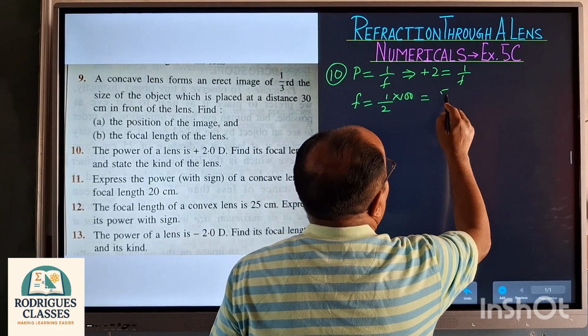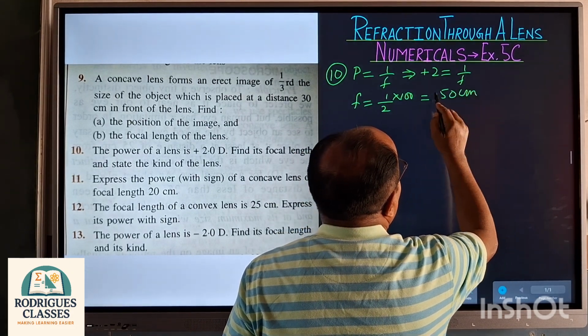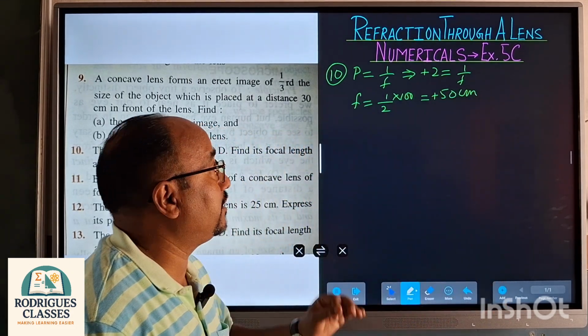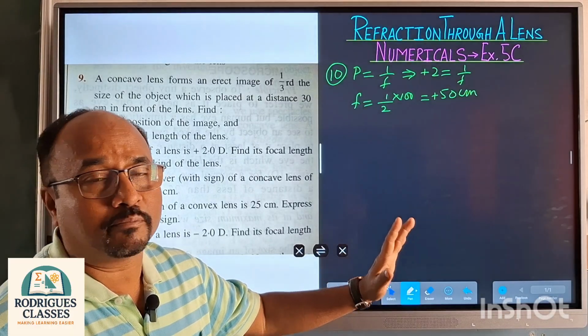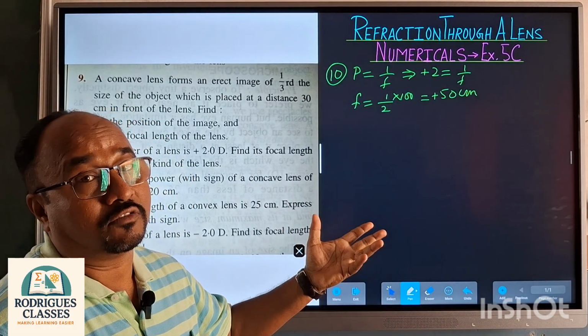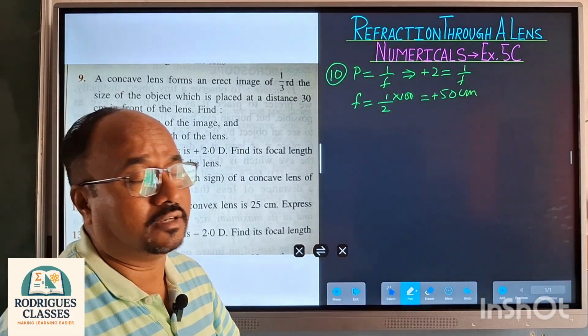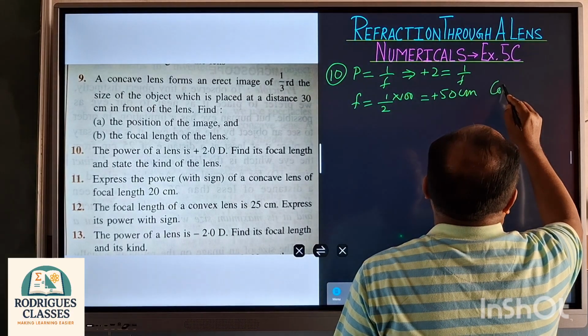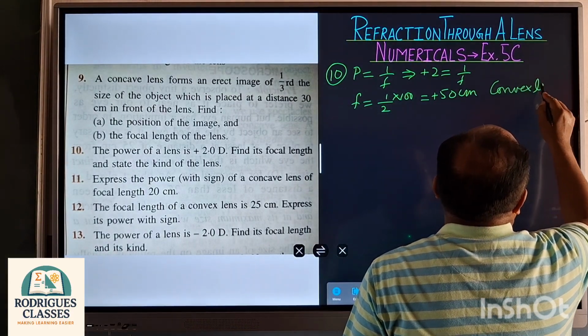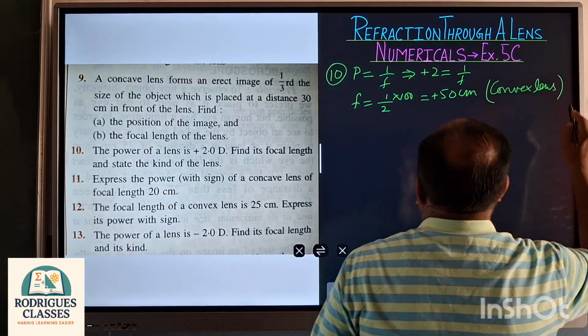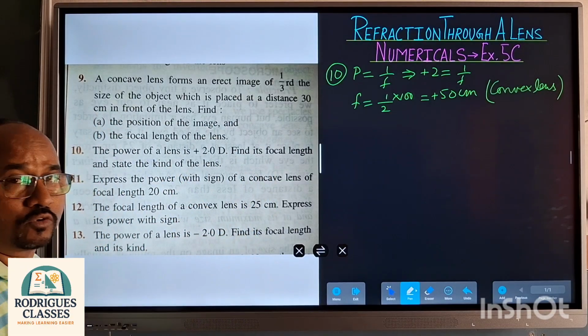So dividing we get 50 centimeter. It was with plus sign. So I write here focal length coming in plus is of which one? Convex lens. So we get it here as convex lens. So the type of lens also we have told.